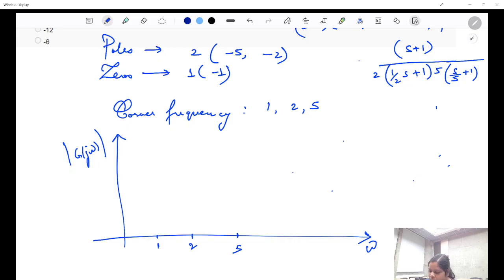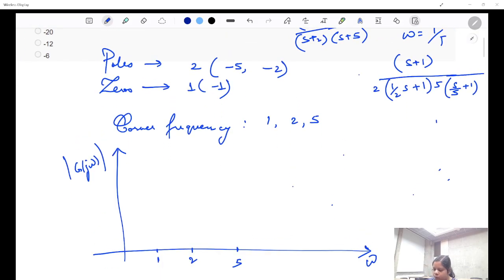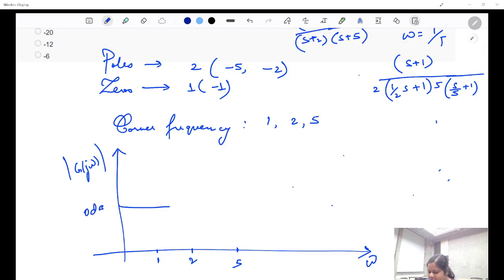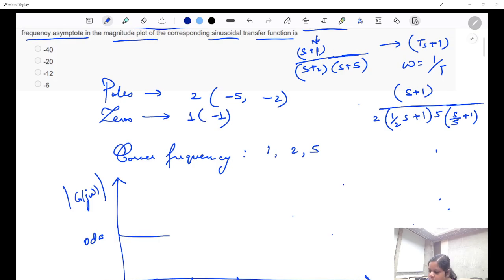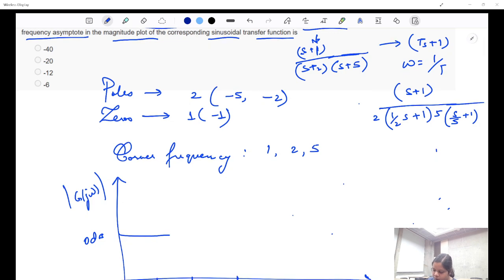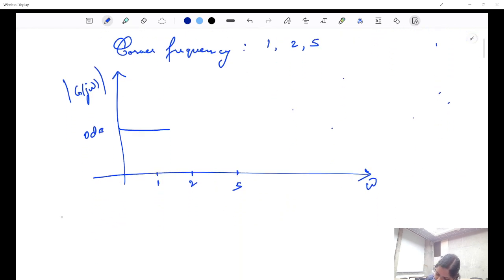Now, our starting point is 0 dB, or we can calculate the starting point. Substitute the value of s to be j omega, and then put omega to be 0 in the magnitude, and from there you'll get the initial magnitude. So let's do that first.